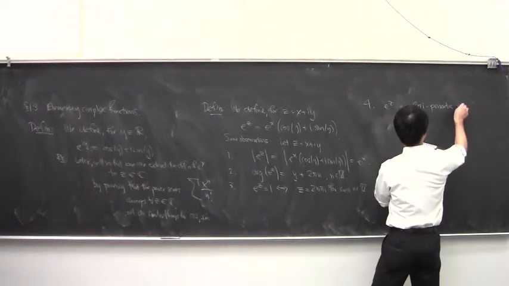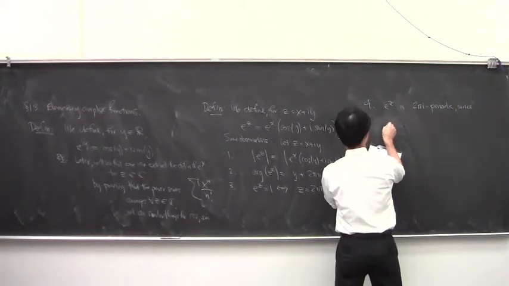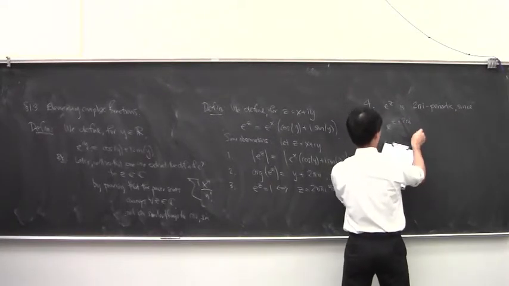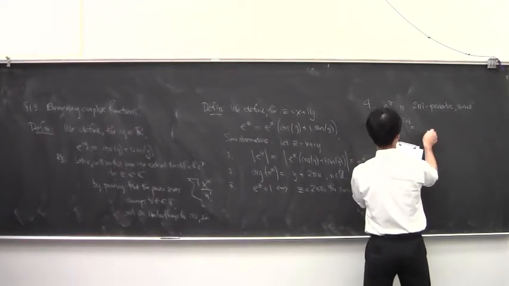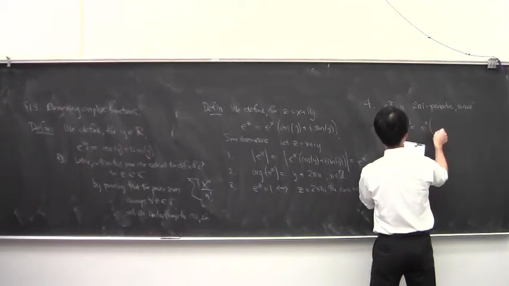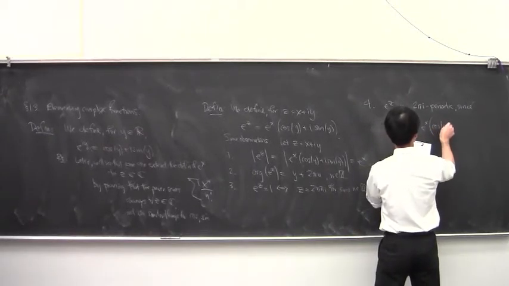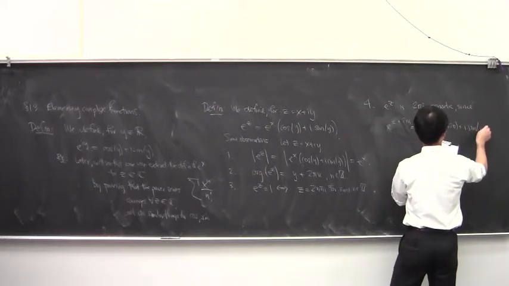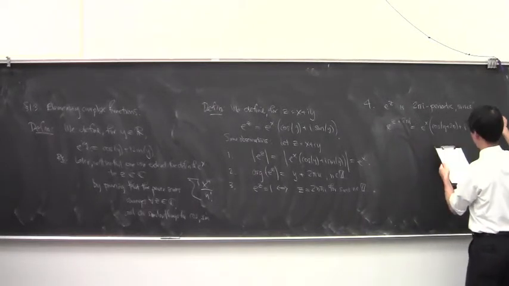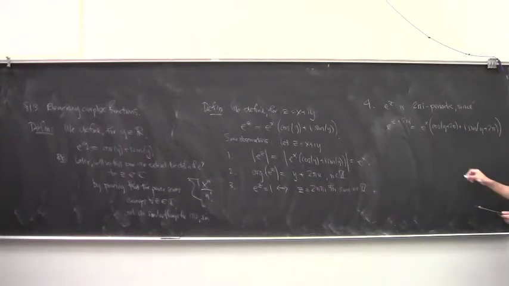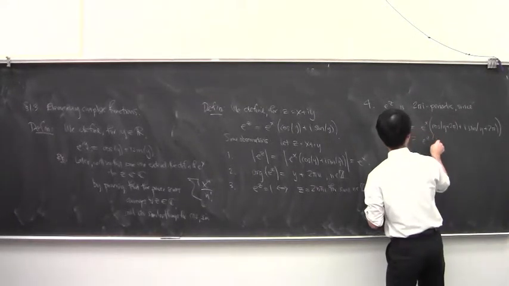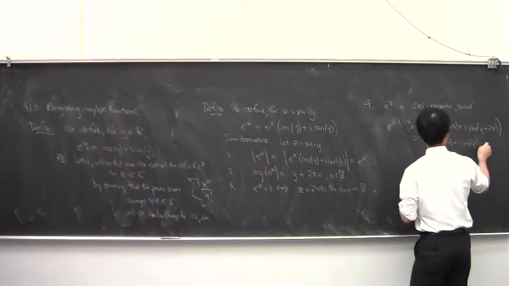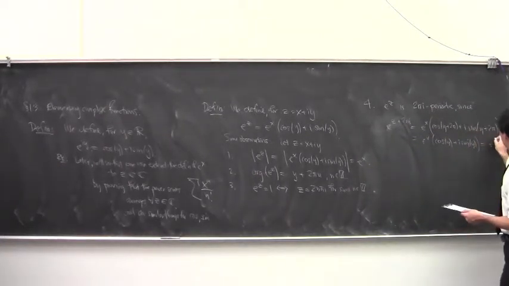Because e to the z plus 2 pi i is going to be e to the x times cosine of y plus 2 pi plus i sine of y plus 2 pi. Which is, of course, e to the x times cosine y plus i sine y. Which is e to the z.